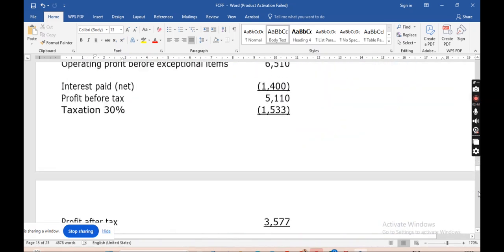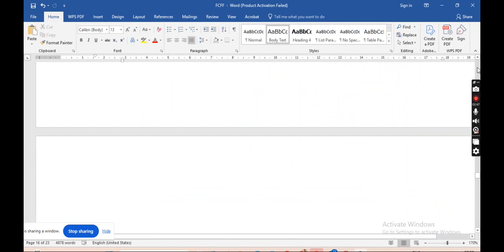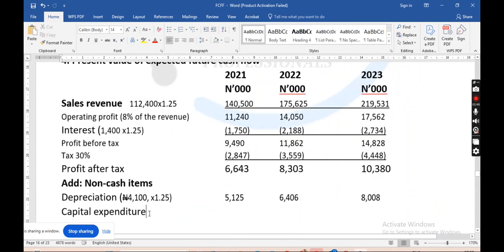So we have 5 million, which is 5,000, times 1.25. What do you have here? 6250. You can see that your capital expenditure is increasing from 5,000 to 6,250.